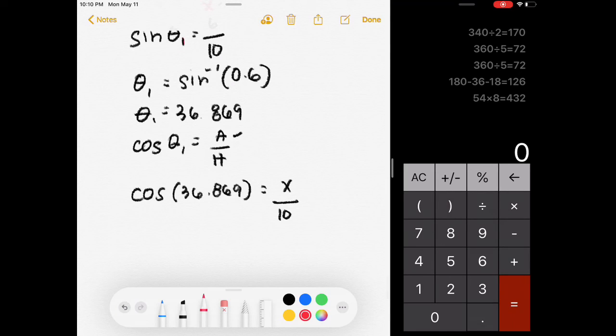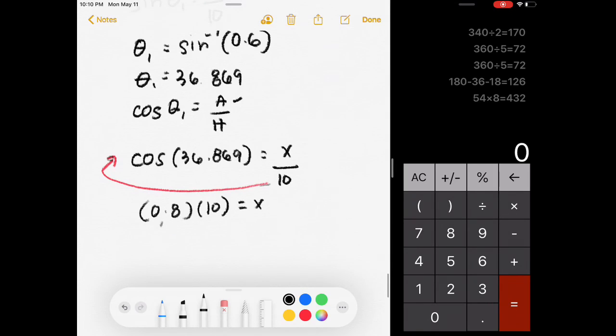We simplify that: cosine gives 0.8, times 10 equals x. 0.8 is cosine of 36.869, and we moved the 10 to the other side of the equation. So, 0.8 times 10 is 8. x equals 8.